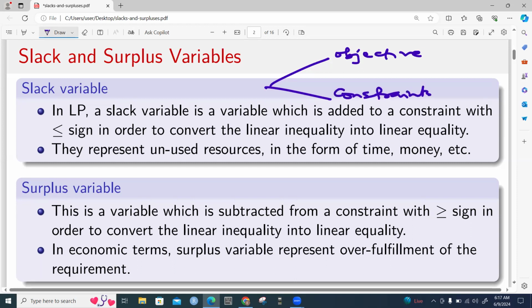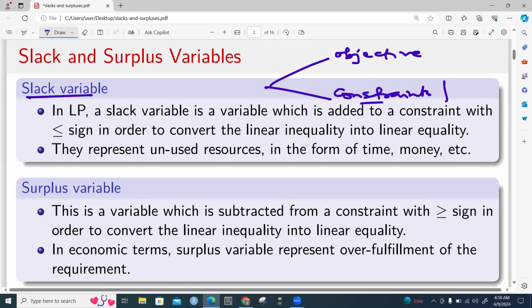But these constraints are in most cases inequalities. So these inequalities can be converted or transformed into equations or equalities by adding or subtracting a variable on the left-hand side of the constraint to make it an equation.